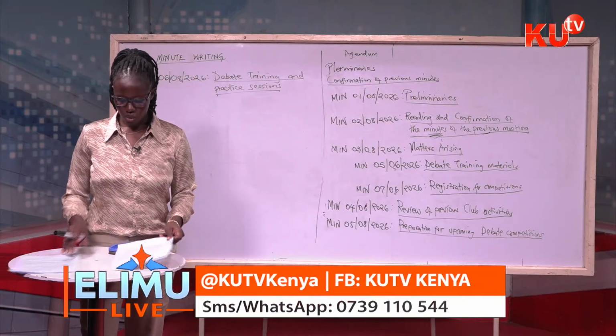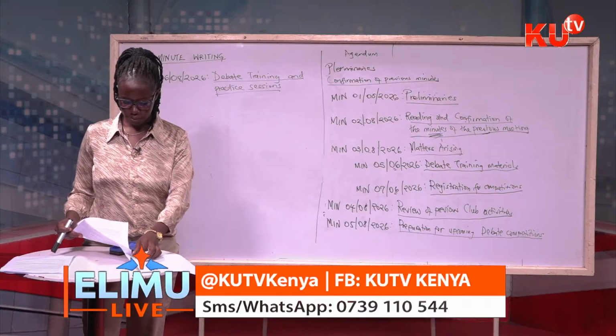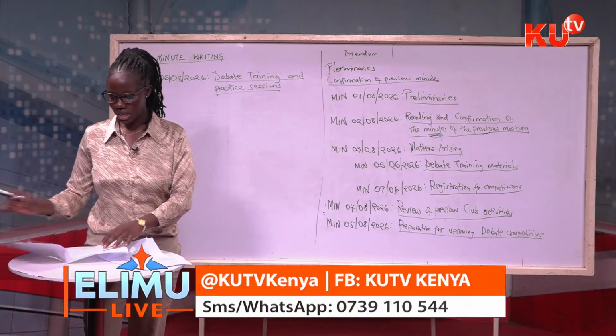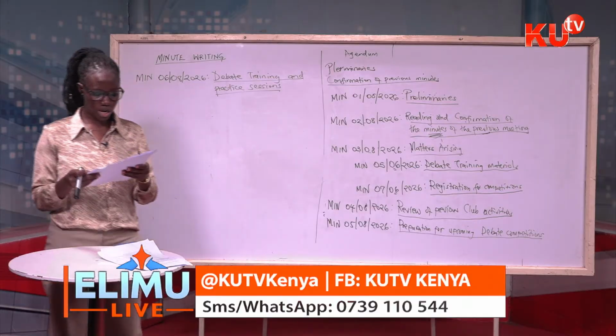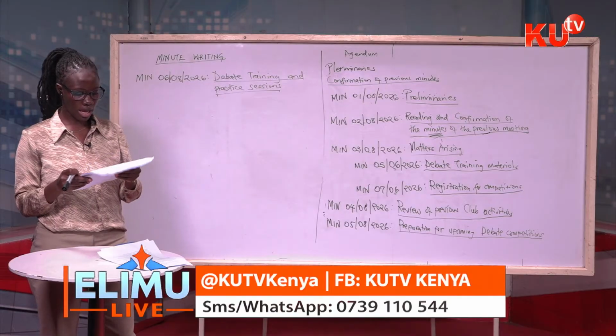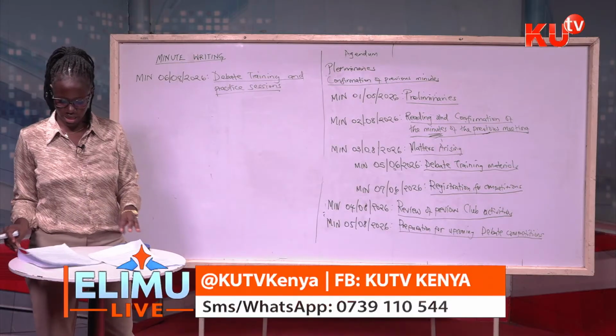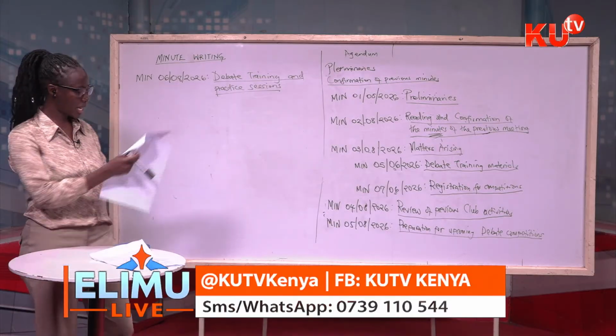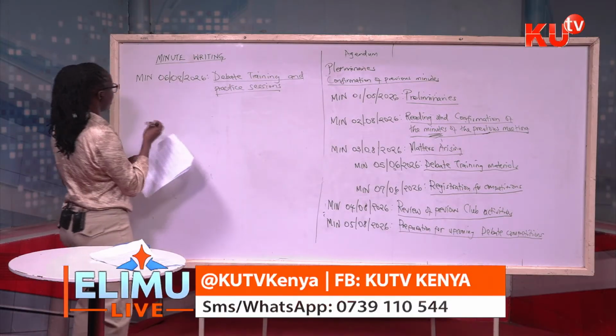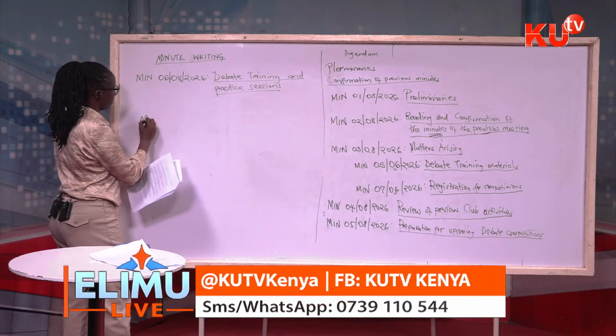So what next after the main agenda of the meeting? You now go to A or B. This is any other business. Under any other business, this will be minute 7.